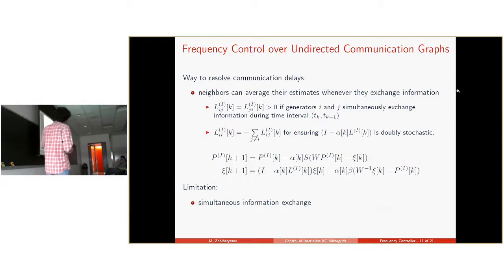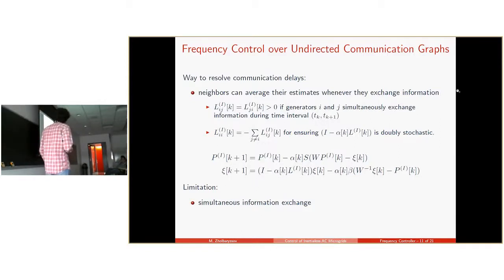These iterations are the same as the ones from the previous slide. The only difference is this time-varying Laplacian matrix. Now weighted averaging is time-varying, basically. Each node is computing the weighted average of the estimates which it has received.